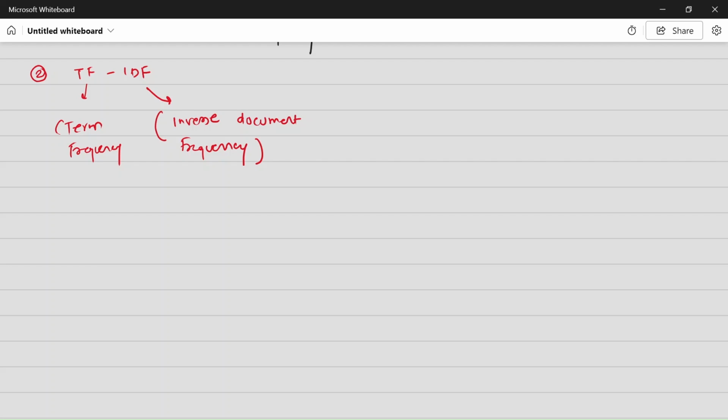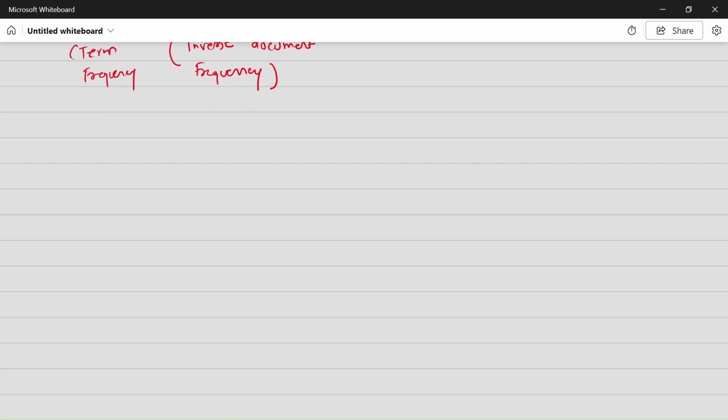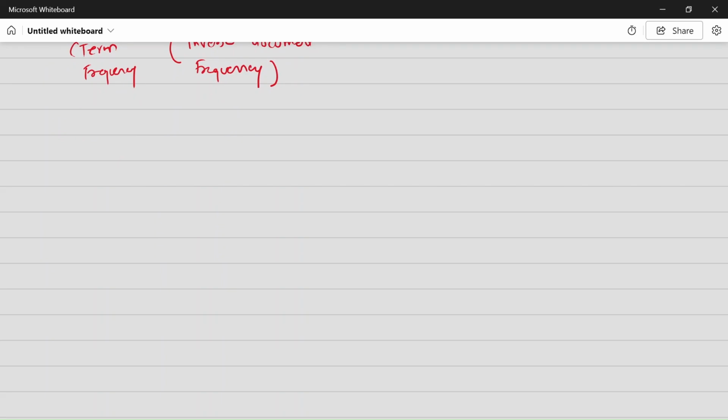In term frequency, it will first calculate how many times that word occurs in a document, and how many times that word appears across the documents. So what happens when you calculate the word across the documents?